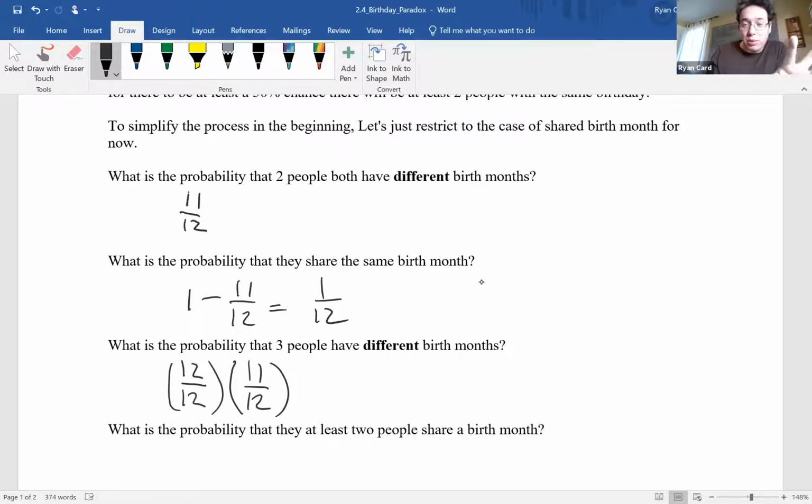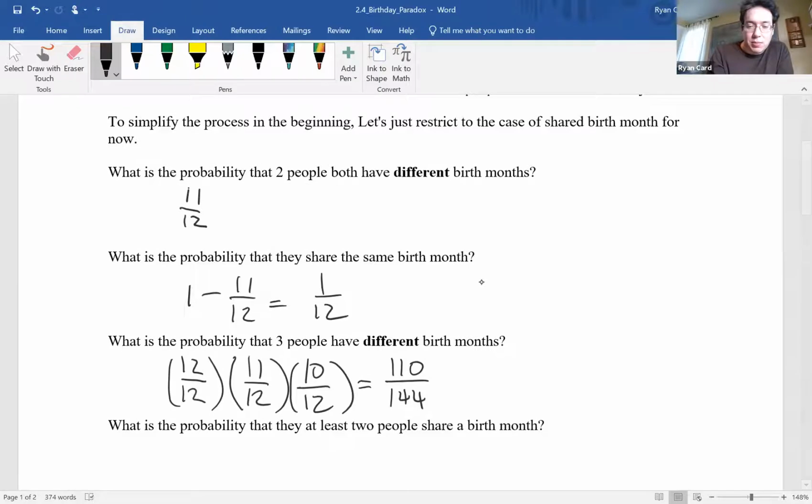Now 2 months are taken up by the first and second person. The probability that the third person who walks into the room does not share a birth month with them is 10 out of 12, because there are 10 months left. So that is the probability that three people have different birth months.